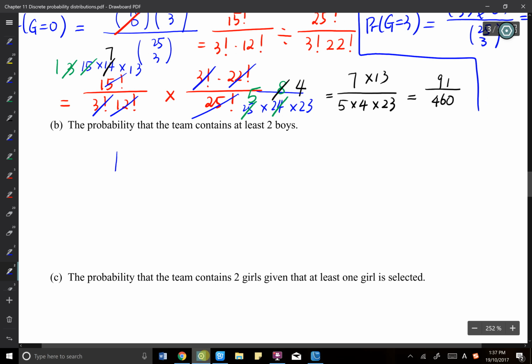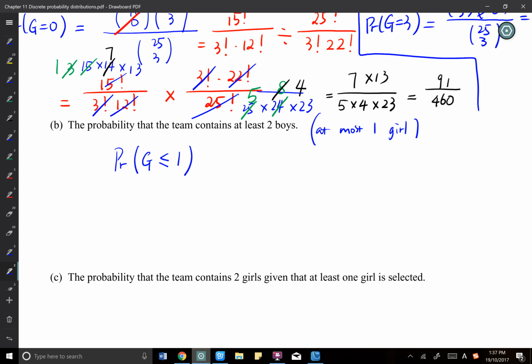The notation is the probability that the team contains at most 1 girl: G is less than or equal to 1. Instead of talking about boys, we need to talk about girls because G is the random variable given to us in the original question. So we need to find G less than or equal to 1.